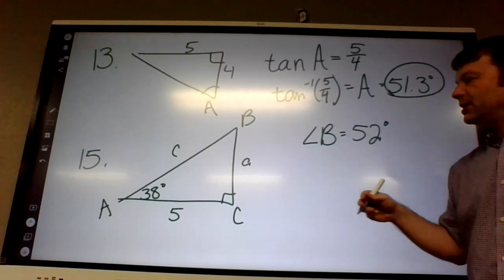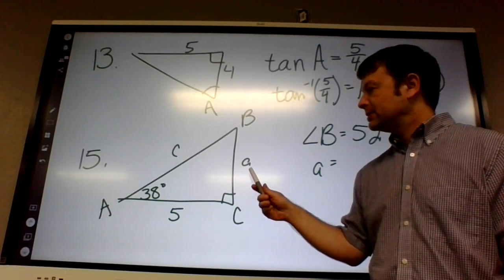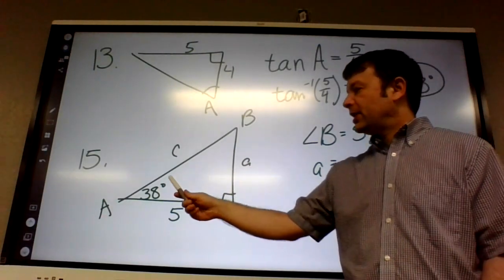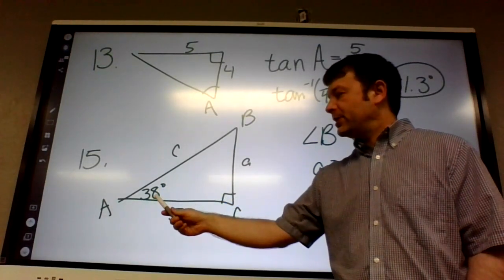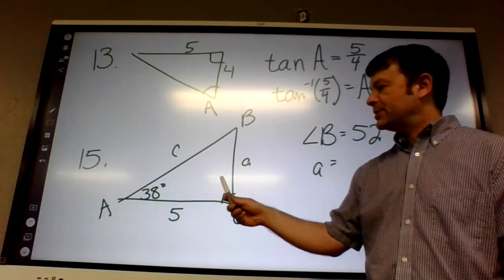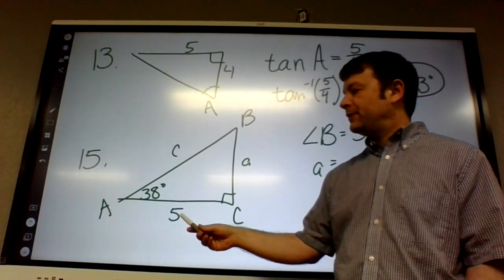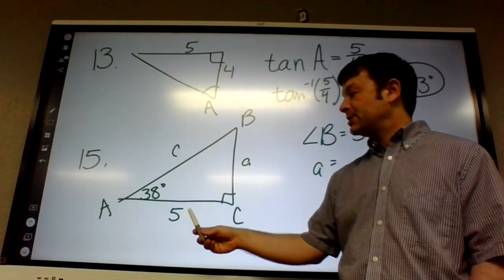Okay, and then let's say side A. How could I set up for side A? Okay, start with an angle. Relative to this angle, what side am I looking for and what's the side I have already? Opposite and adjacent. Which trig function uses opposite and adjacent?